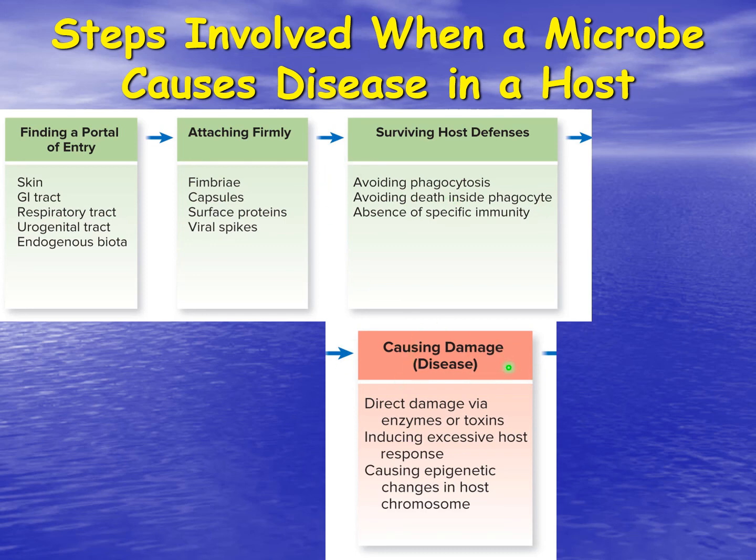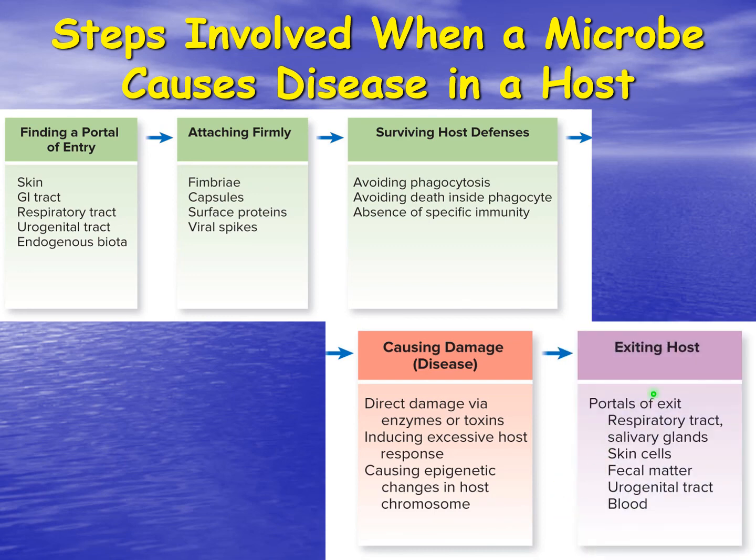These organisms can cause disease by direct damage via certain enzymes or toxins they produce. They could produce damage by causing an excessive host response of the immune response, or they could actually cause epigenetic changes in the host chromosome. And this is certainly true of viruses.